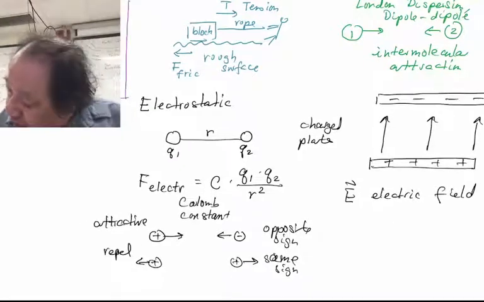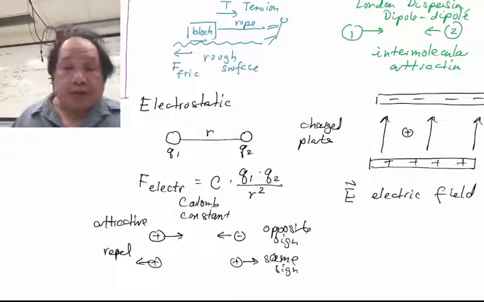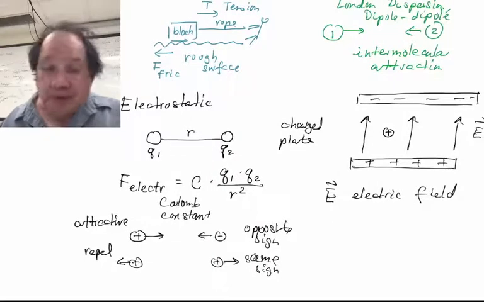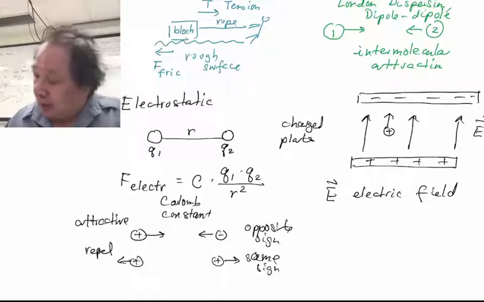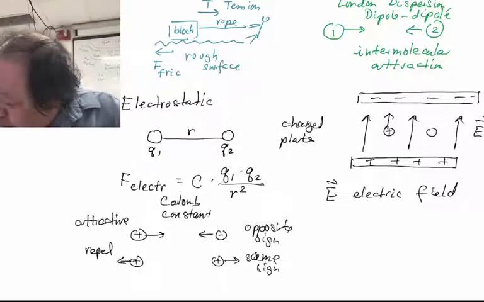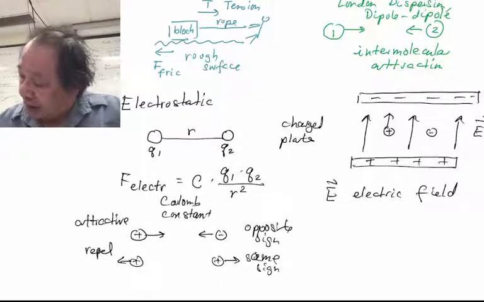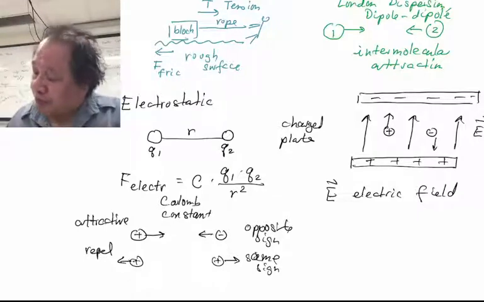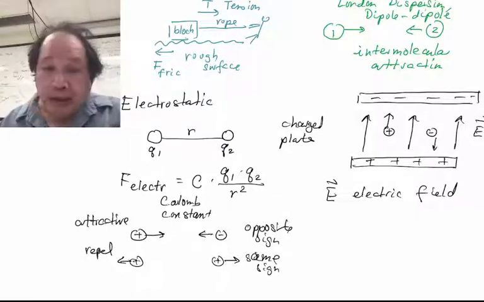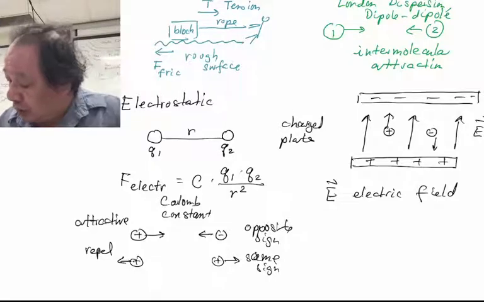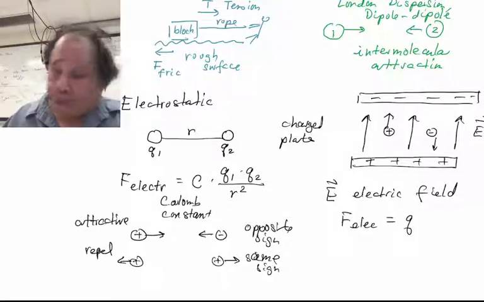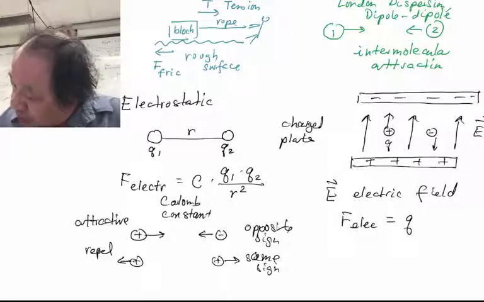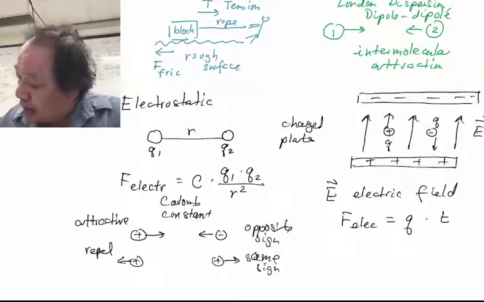If you have a positively charged particle, it's attracted to the minus charge and repelled by the plus charge, and the force is this way. And if there's a minus charge, it's attracted to the plus and repelled by minus. It goes downwards, and the magnitude of the force obeys the equation: the electrostatic force is equal to the charge of the object, whatever the charge is here or the charge here, times the electric field.